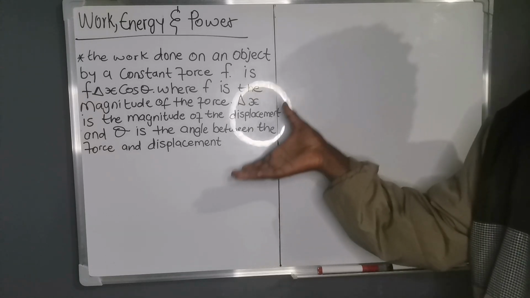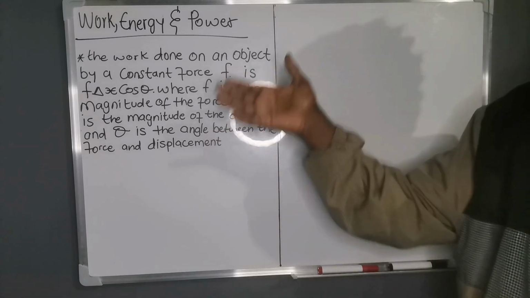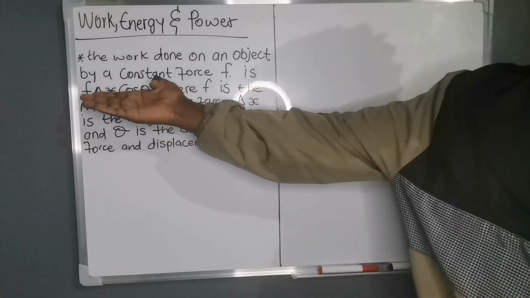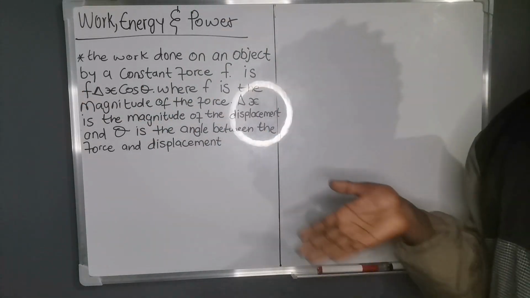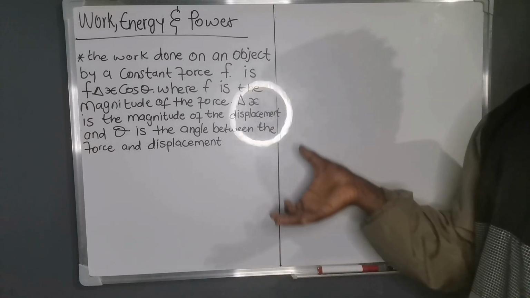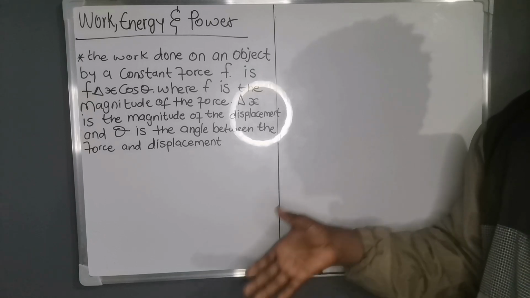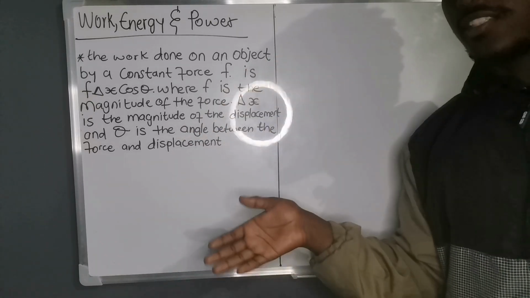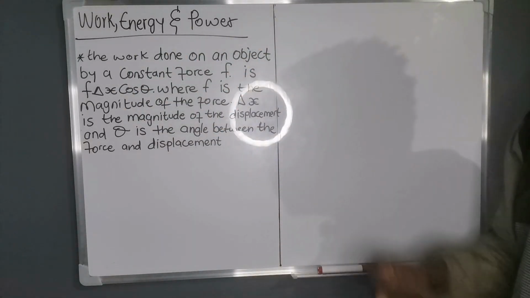I'm putting this one here to bring about understanding of this definition of work done and how this formula derives from the definition overall. I've extended it for you to understand this topic more properly and clearly. Let us just start. This is the definition of work done on an object.